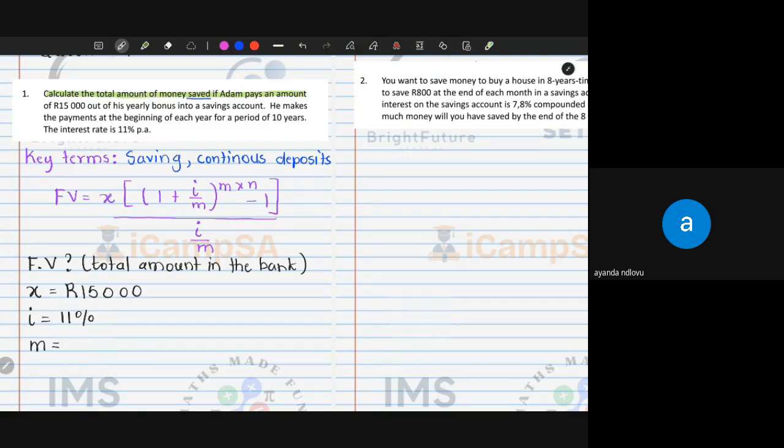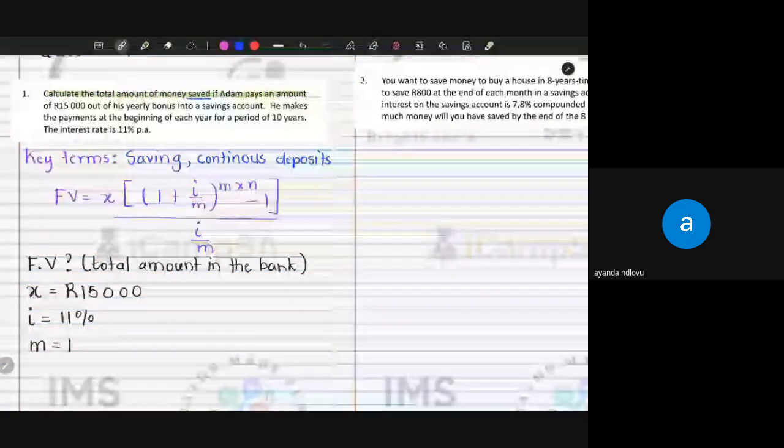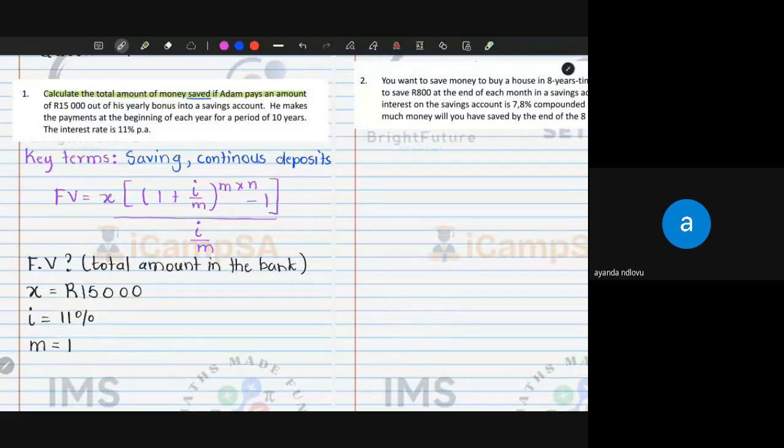Because they say he makes the payments at the beginning of each year, but it doesn't say anything about it being compounded monthly or quarterly. So we can think of the M as 1 because his interest is just growing per annum. It is not growing in another fraction of a period.